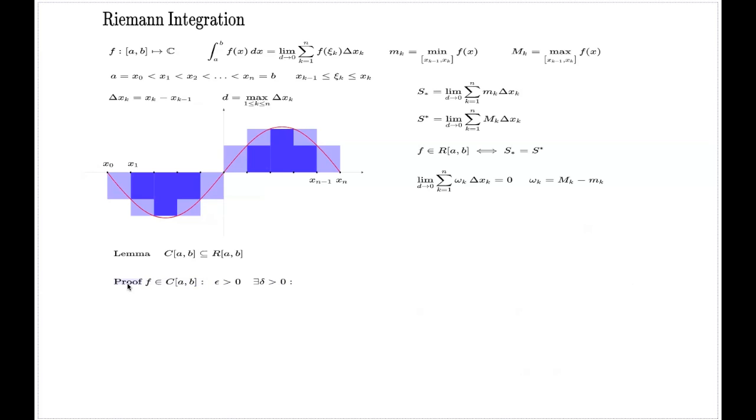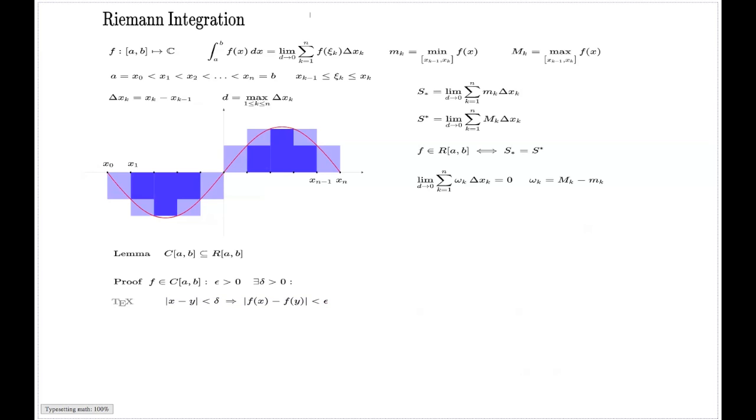For the function f which came from C[a, b], a function which is continuous on a closed bounded interval, for every epsilon you can produce a delta such that as long as the distance between x and y is less than delta, the difference of the values of the function at these points is less than epsilon.